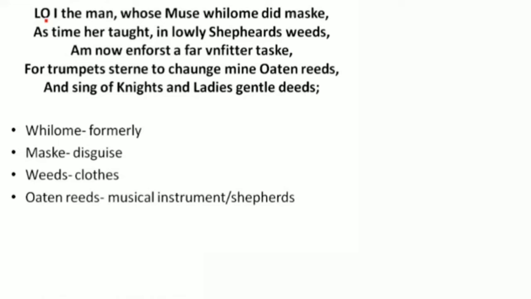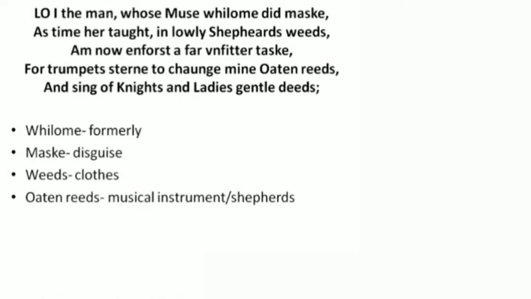Weeds is the clothes, so he says that basically shepherd's weeds is the dress. Shepherd is a person, like a herdsman. And now basically this is a reference to his earlier poems, the Shepherd's Calendar, that he had earlier written.